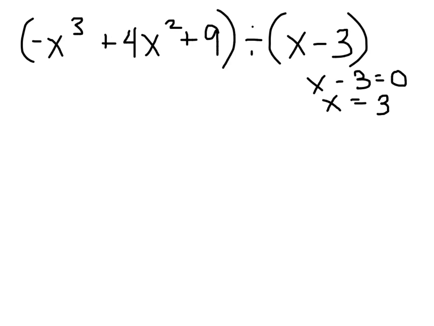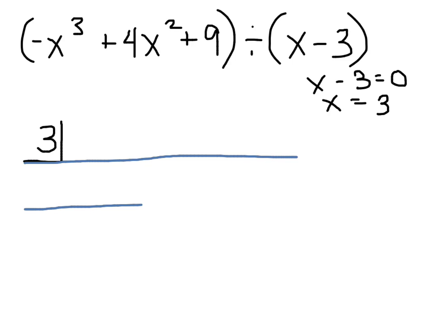Now, I write mine a little bit differently than the way your book shows it, but it's the same concept. I'm going to put 3 in a backwards L. This, by the way, is 1 line of paper, 2 lines of paper, just like that. That's like the lined paper that you guys use.